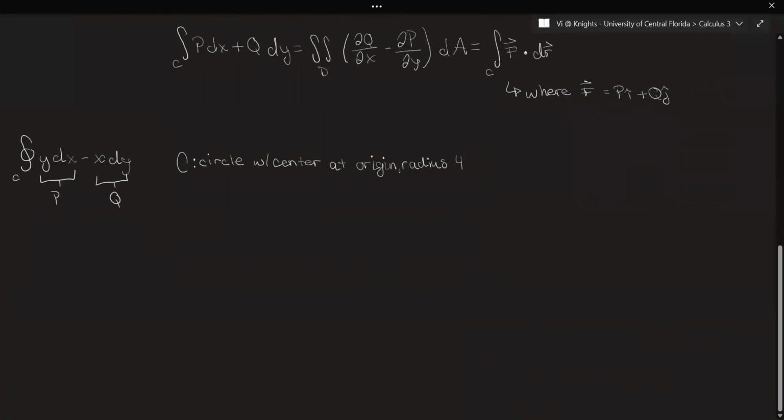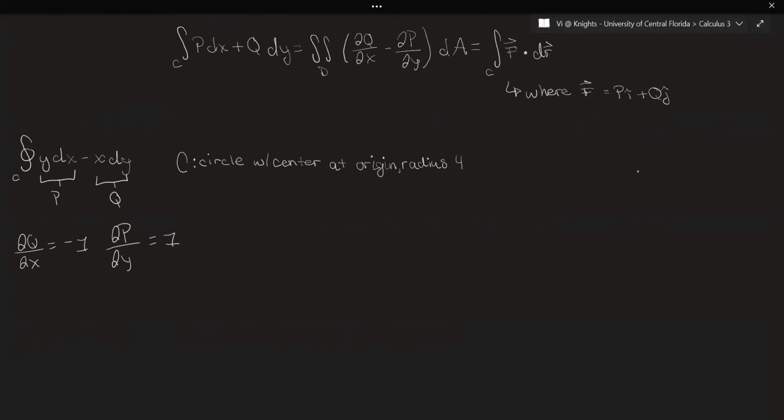So if we take the partial of Q with respect to x, we get -1. And then the partial of P with respect to y, we'll get 1.